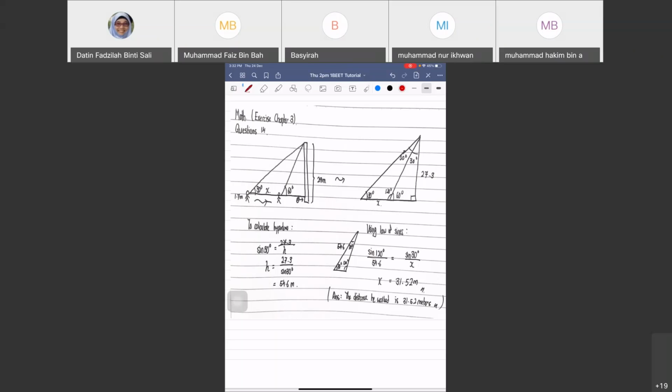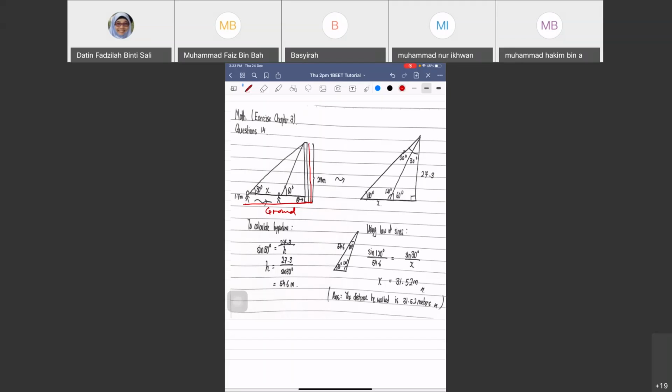So if I'm looking at this diagram, this is the boy here. This is the building. I hope you can see this. That means the building is until here, and the ground is down here. So the 29-meter building is the whole height from the ground.